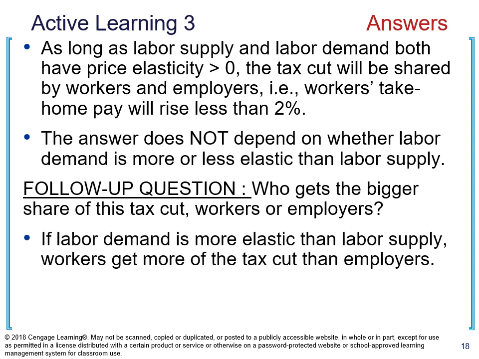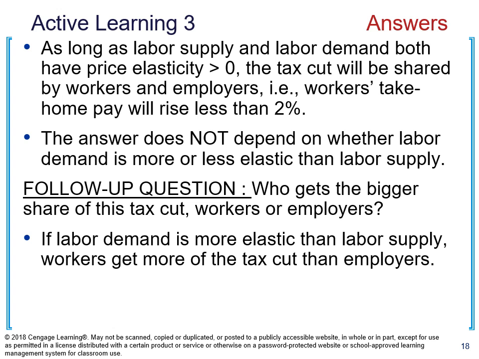So if labor demand is more elastic than labor supply, then workers would get more of the tax cut than employers. Remember that the side of the market that is more elastic has a lower incidence of the tax. So in this case, if the demand side of the market is more elastic, then the impact of the tax cut is going to be smaller, right?